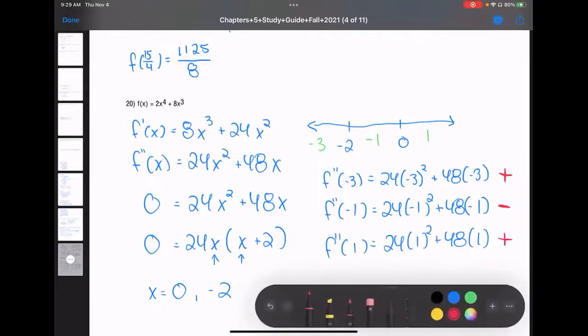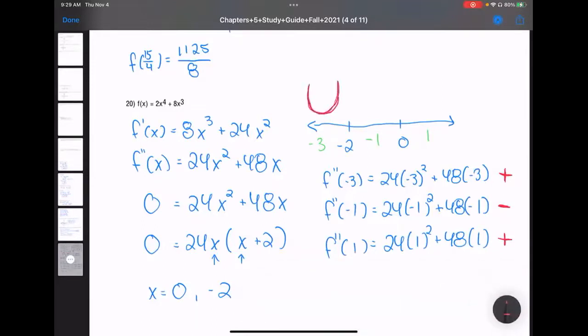So now we know that from negative infinity up to -2, we have concave up. From -2 to 0, we have concave down. And from 0 out to infinity, we have concave up again.